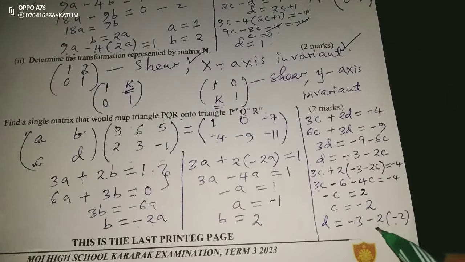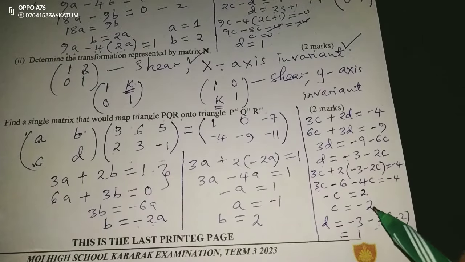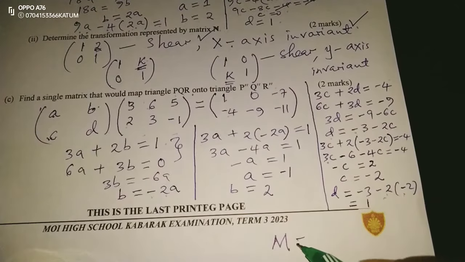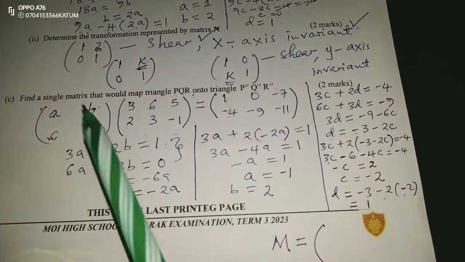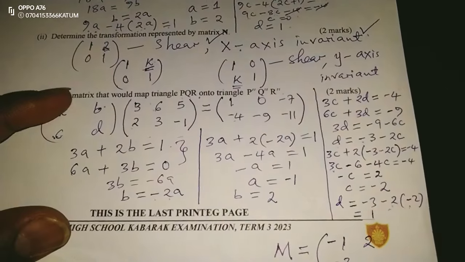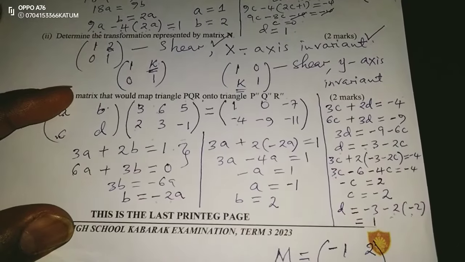So this is positive 4 minus 3, making it 1. With D as 1, C as negative 2, and A and B as they are, we can write the matrix of transformation as AB, negative 1, 2, then CD, negative 2, 1.